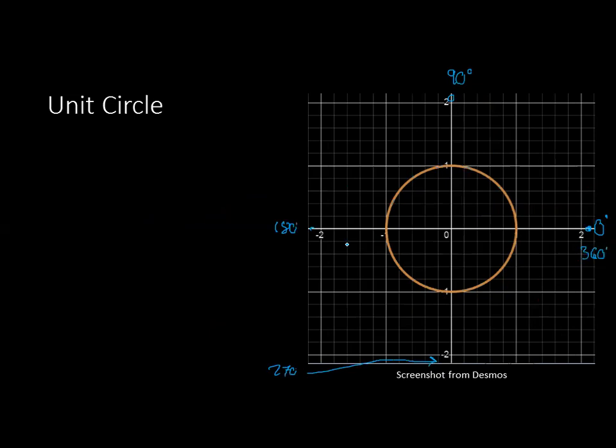Okay. So now, what are we going to do? Let's find the coordinates where the terminal side meets the unit circle. Okay. So you stop here when you form a 90-degree angle.